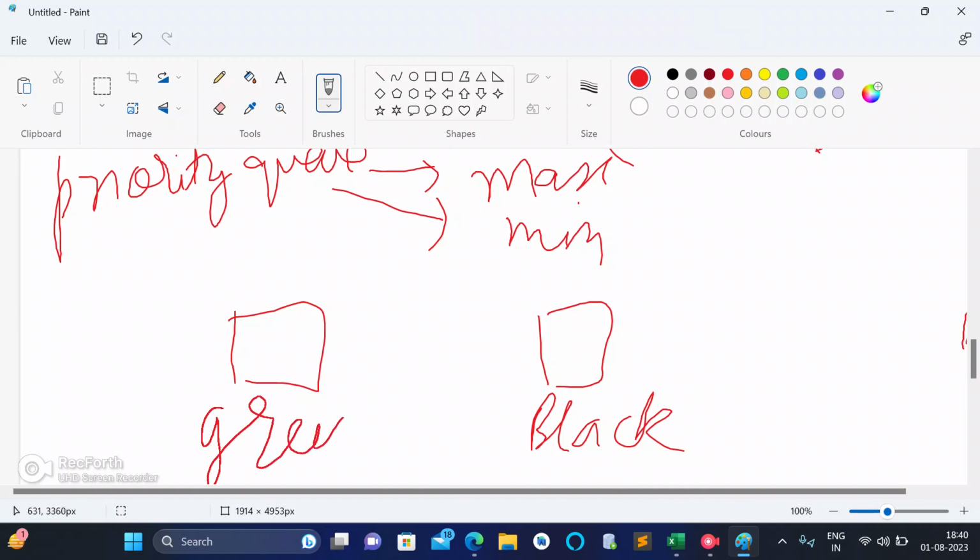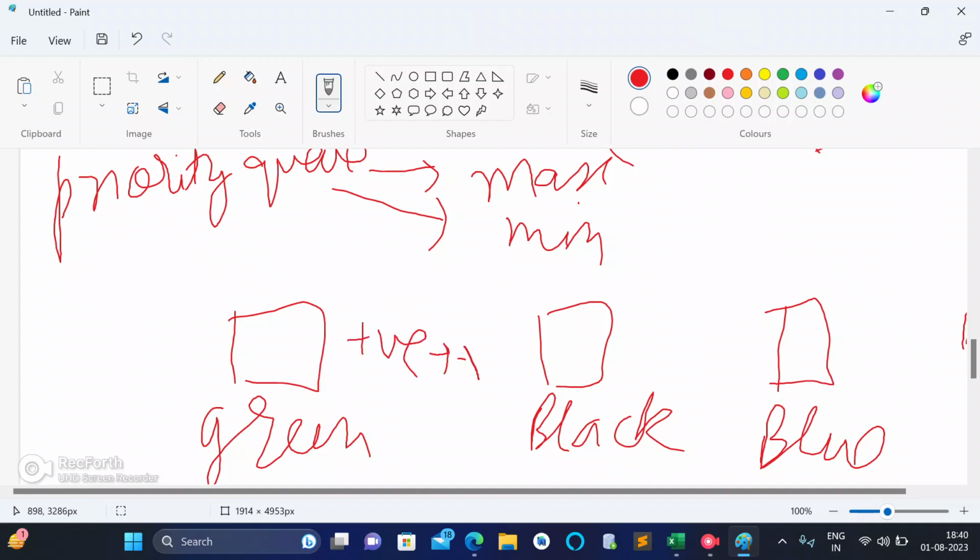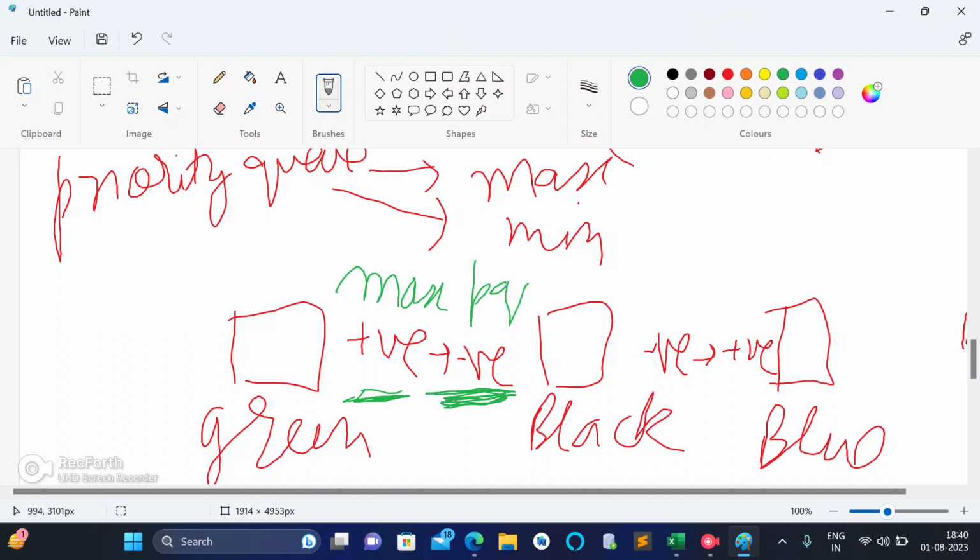Let's say this is my black value, this is my green value, and this is my blue value. Here I need to convert the positives into negatives, and here I need to convert the negatives into positives. So for converting these positives to negative at every instant, I want the maximum positive, so here I will use the max priority queue.